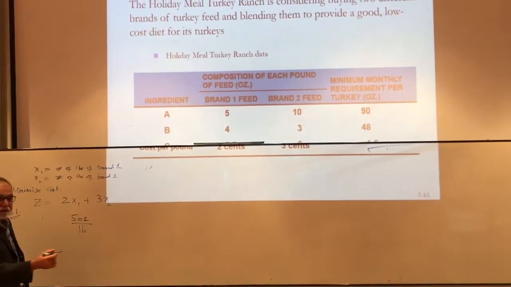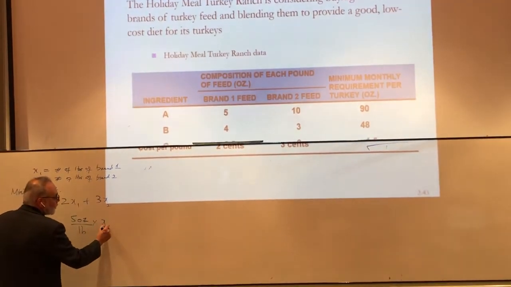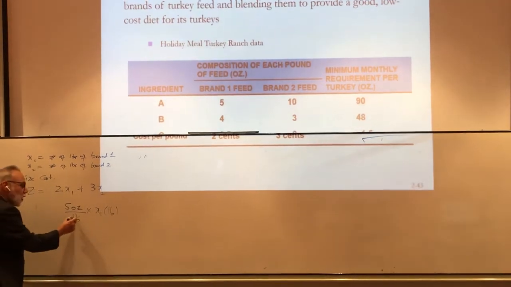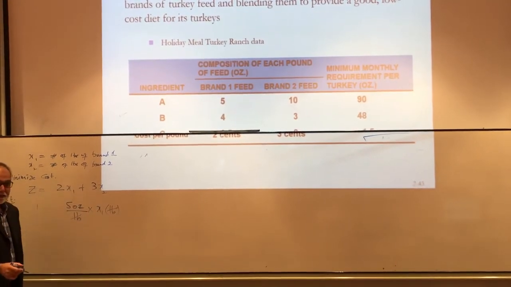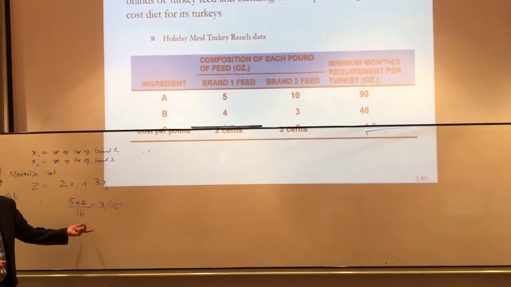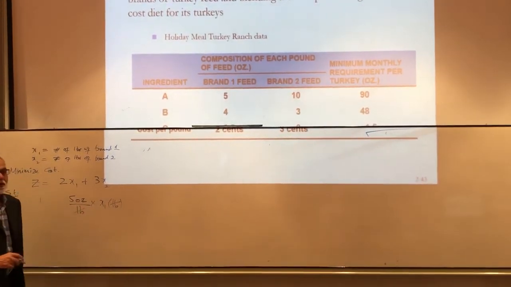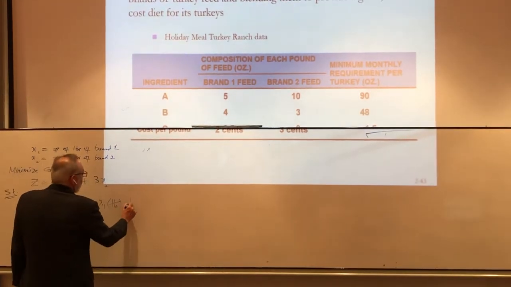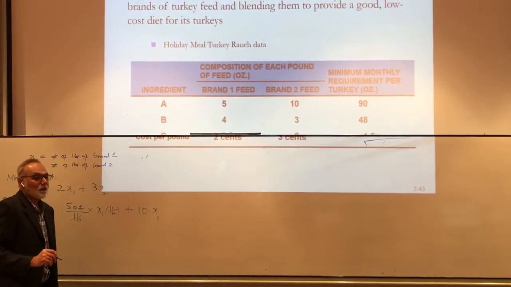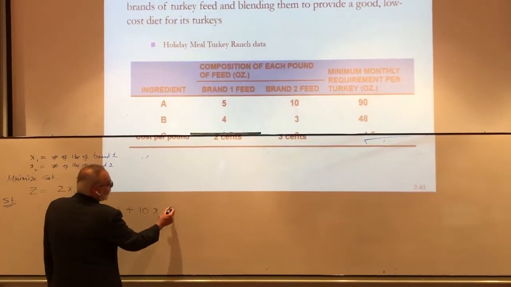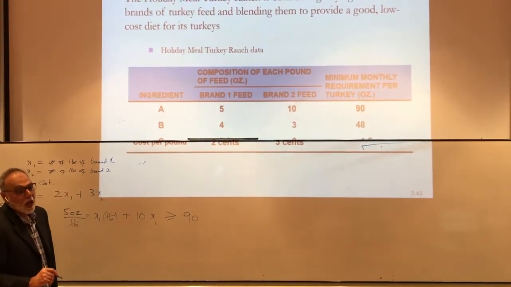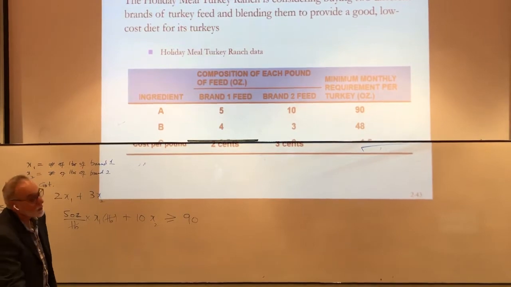When you multiply with X1, which is also in pounds, this pounds cancels, and we are left with ounces. So this one 5x1 plus 10x2 should be greater or equal to 90 ounces. This is the requirement.